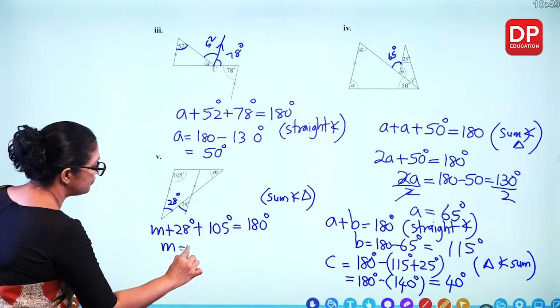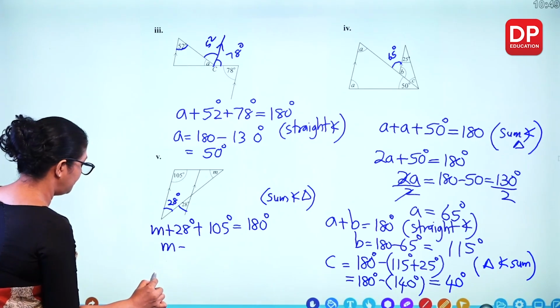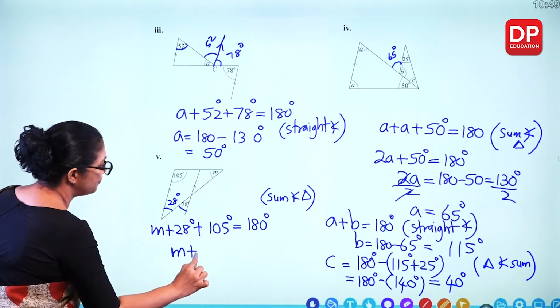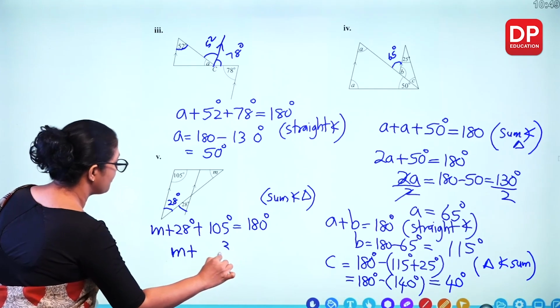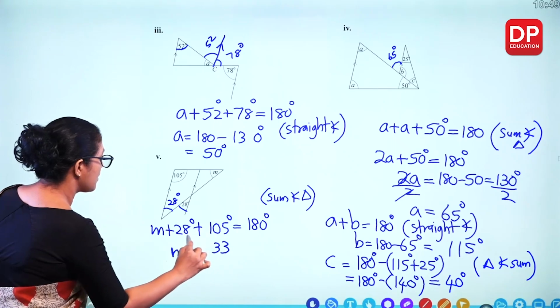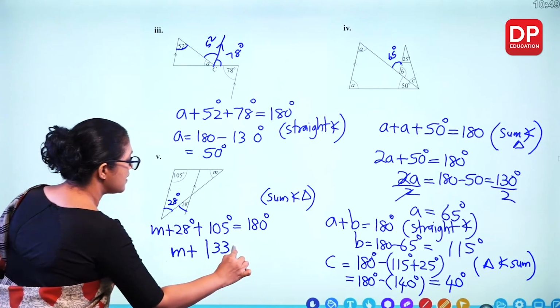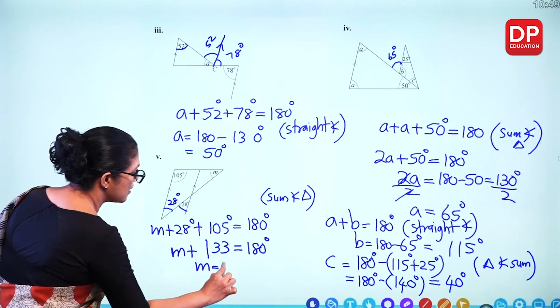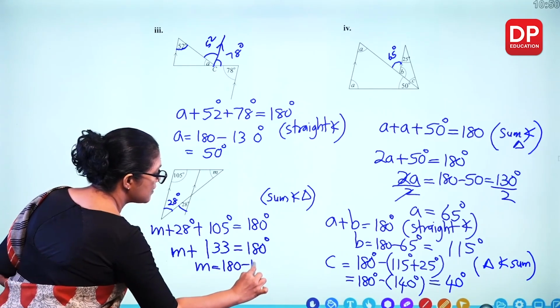Add these two. 133 is 180. Subtract 133.